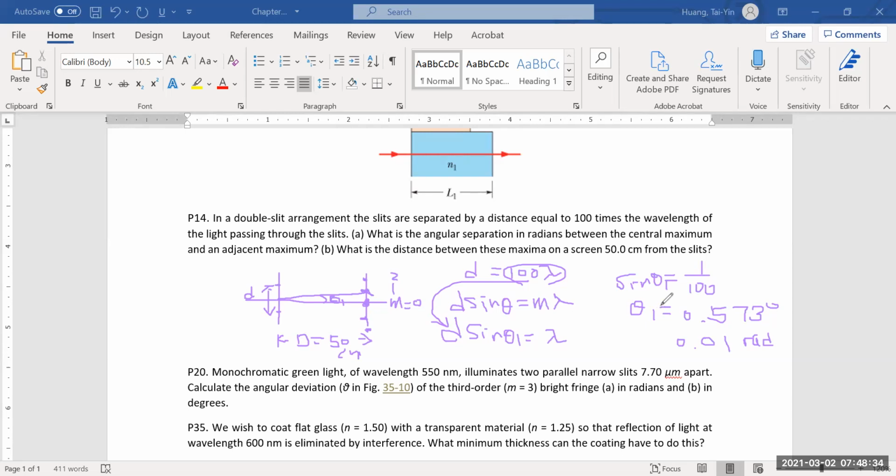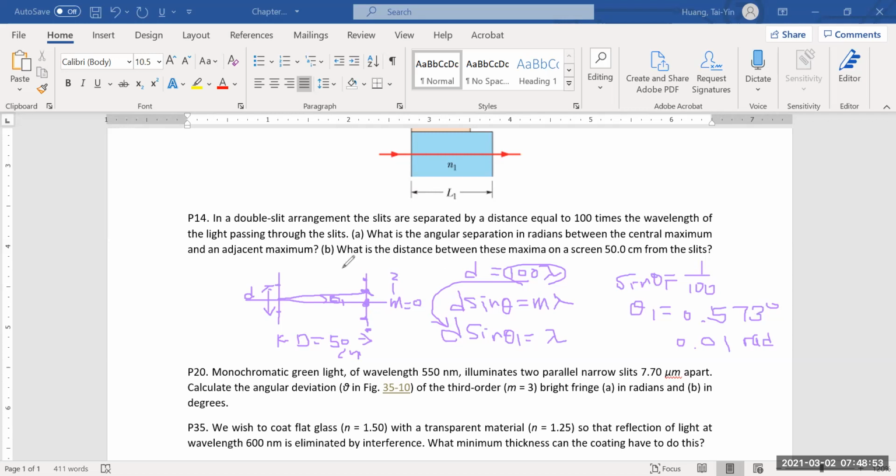From there you can calculate the angle where the first maximum is located. And once you find the degrees, of course, it's very easy to convert to radians, because you just multiply this number by pi and divide by 180. Okay, so that's part A.